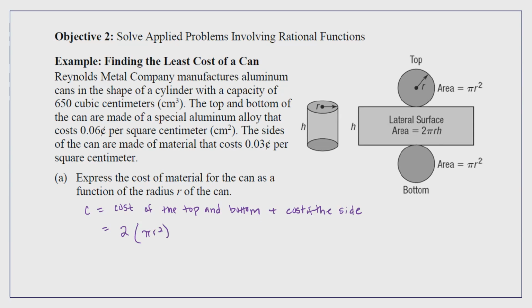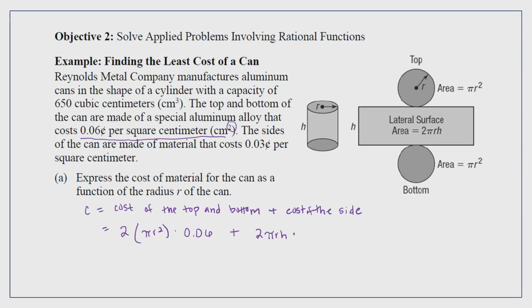times its rate. In our problem, it says the top and the bottom are made of a special aluminum that costs 6 cents per square centimeter. So that's area because it's squared, and we'll multiply this by our 6 cents. So that's the cost of the top and the bottom. The cost of the side is going to be its area times the rate.